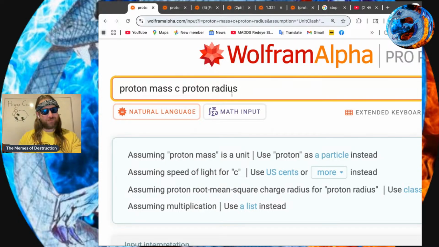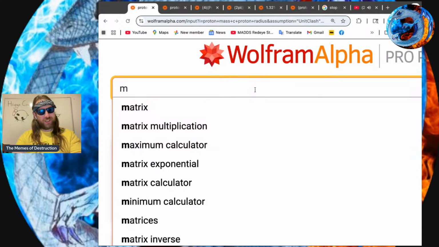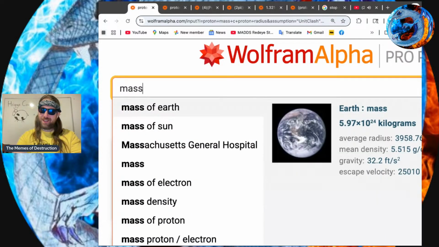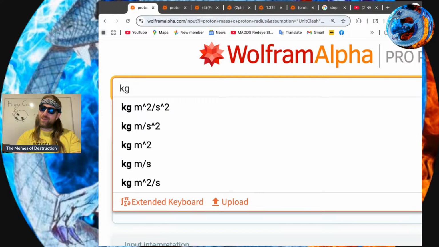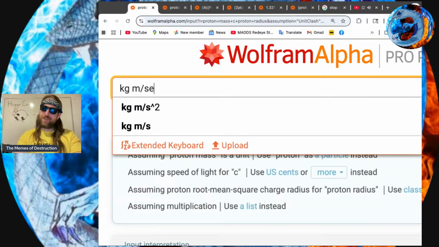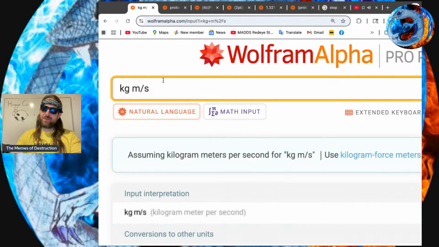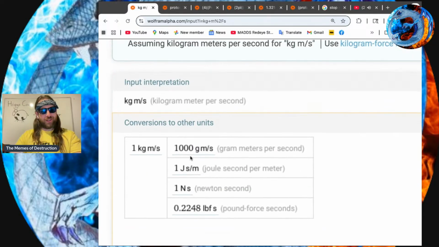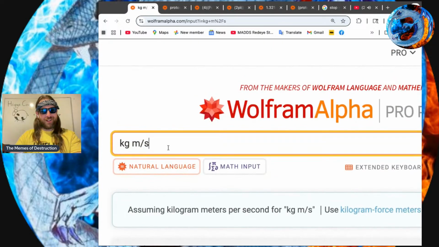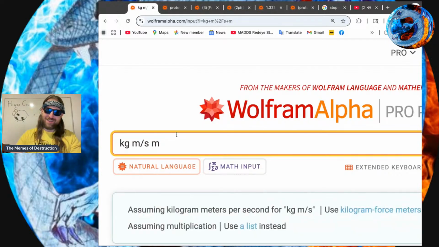So we go from mass, let's just do kilograms. Let's do meters, divide by seconds. Okay, I should recognize that. All right. So it's giving us joule seconds per meter. And then we add in another meter. I know.